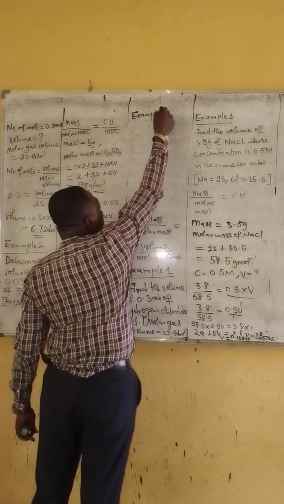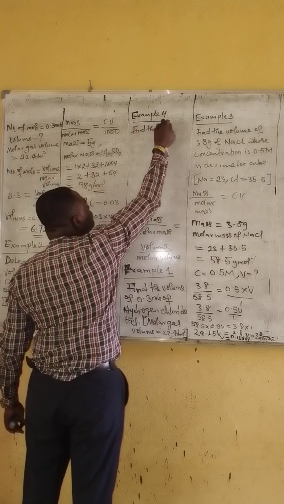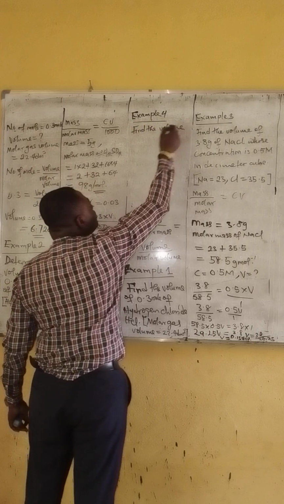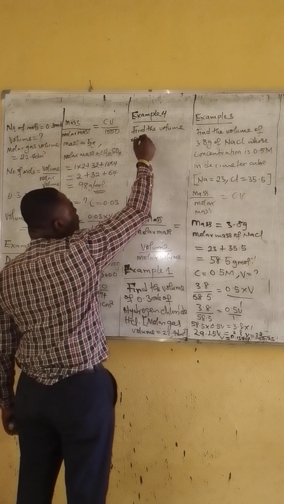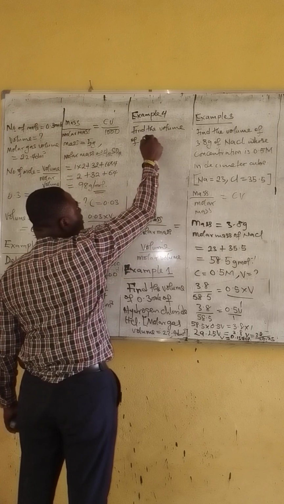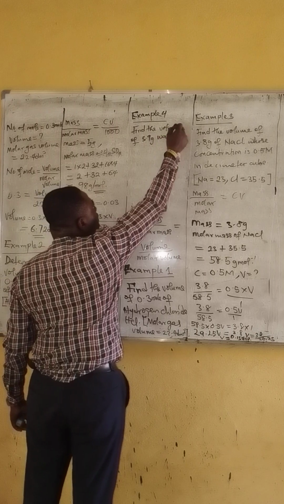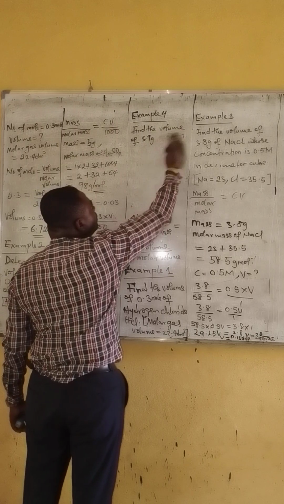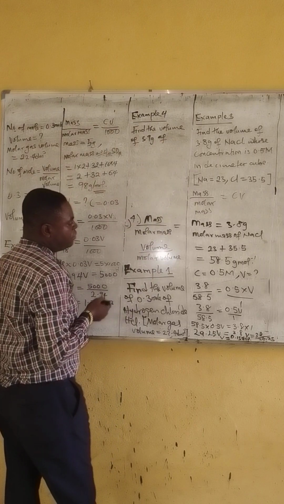Example 4. You are asked to find the volume of mass 3.9 gram washing soda. What else do we need to know?